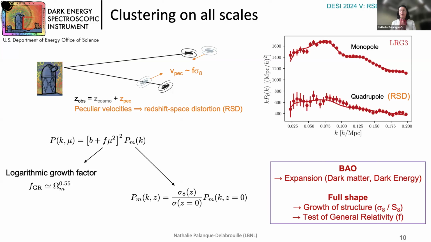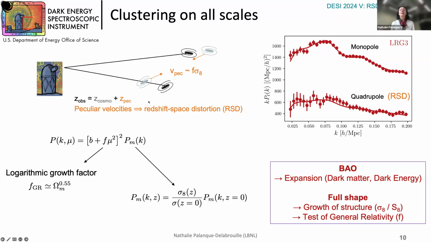This is looking at the BAO scale itself, but DESI does a lot more than just looking at a given scale. It measures the clustering information on all scales, and that provides us with additional information that I'm presenting here. The galaxies, in addition to being in this flow of the expansion of the universe, also have peculiar velocities, proper motions, due to their infall into the largest gravitational potentials in this cosmic web.